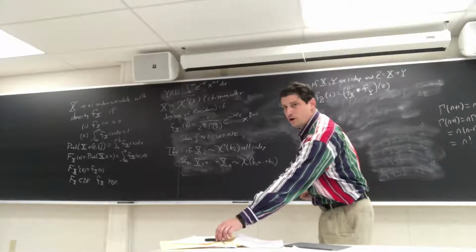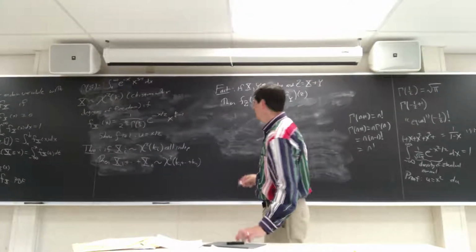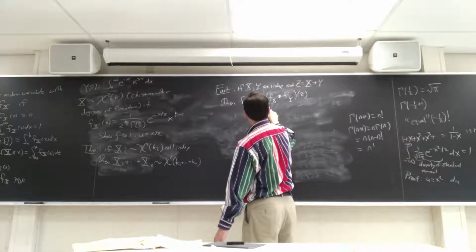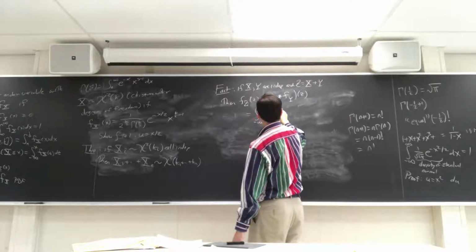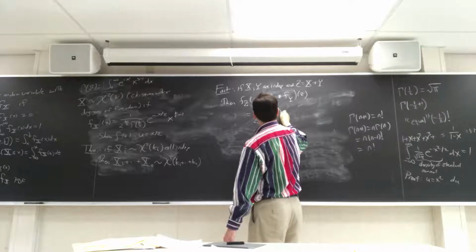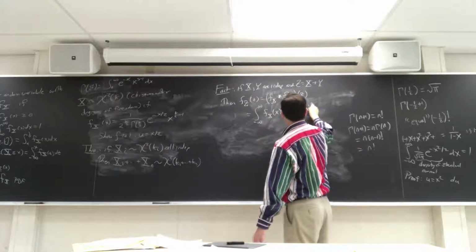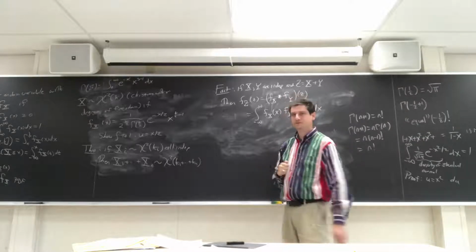And what the convolved means is it means a very interesting integral. It means integrate from negative infinity to infinity of the density of x at the point x, and then the density of y at the point z minus x dx.